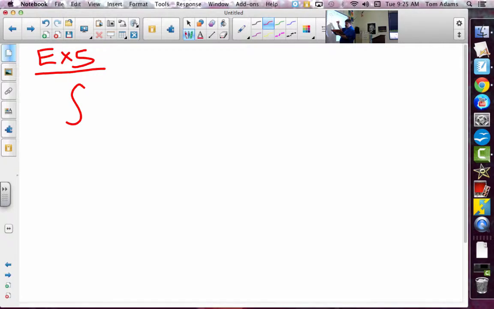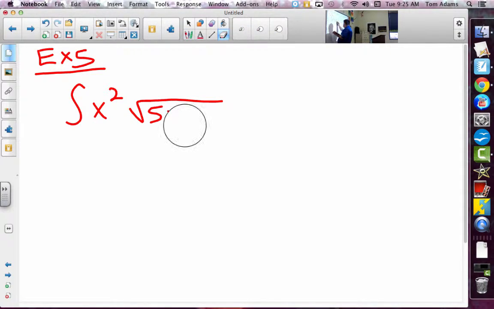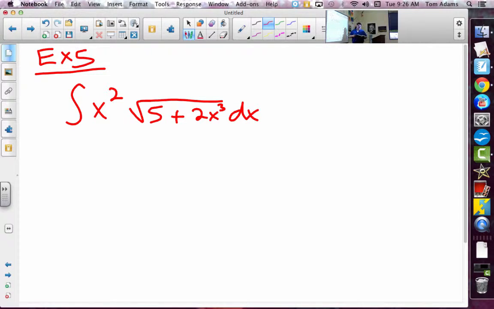So for example number 5, what they want us to do is find the integral of x squared times the square root of 5 plus 2x cubed dx. Now here we've got something like a product, and stuff like that, so this is a little more challenging. But what I could do, if I let u equal something, think conceptually: I'm going to choose u to represent some expression of x.